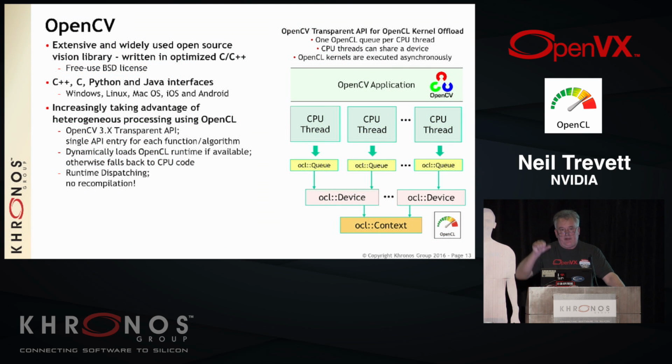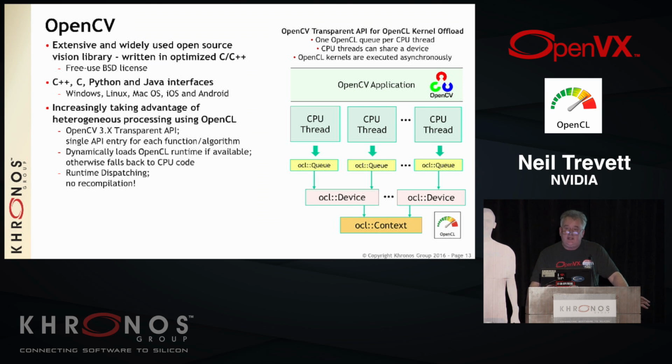Okay, so let's click up a layer into the dedicated vision processing libraries. OpenCV, loved by many, and rightly so. It's really one of the first libraries and continues to be very actively evolved. It's not a Khronos API, I know it's OpenCV, it sounds like a Khronos API, but it's not.